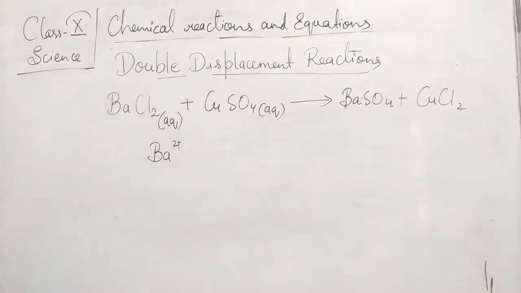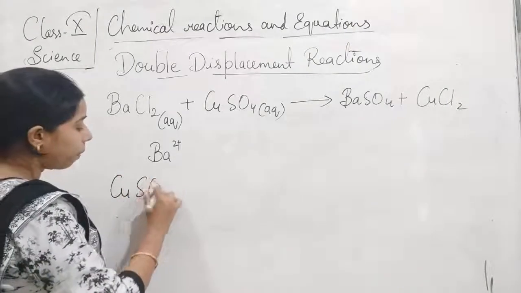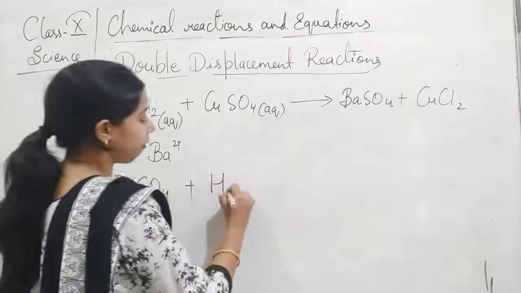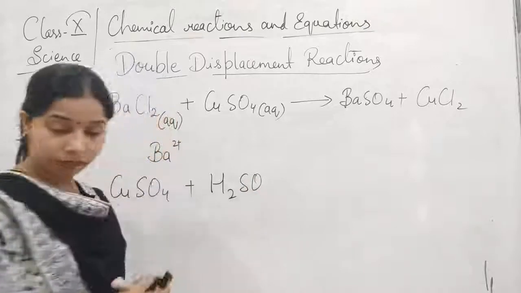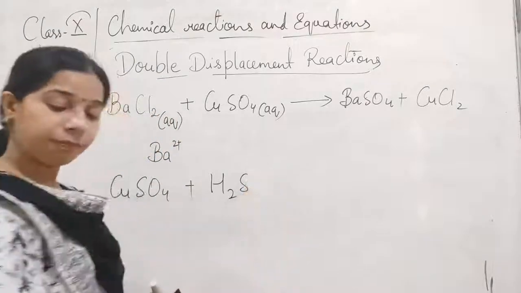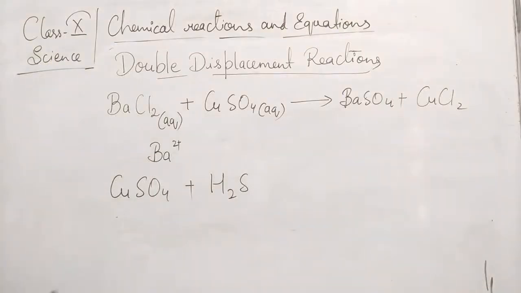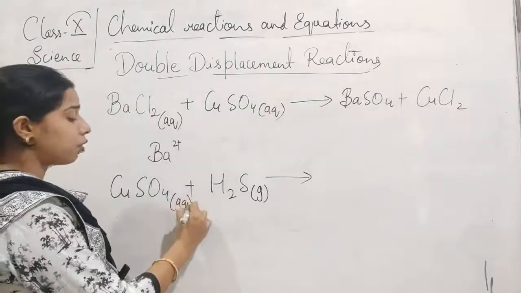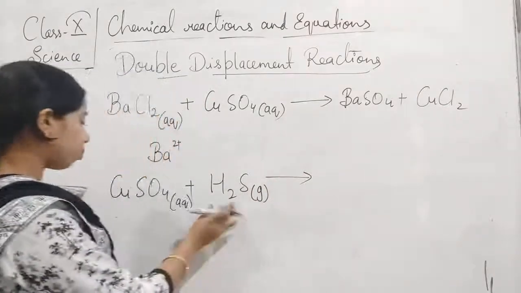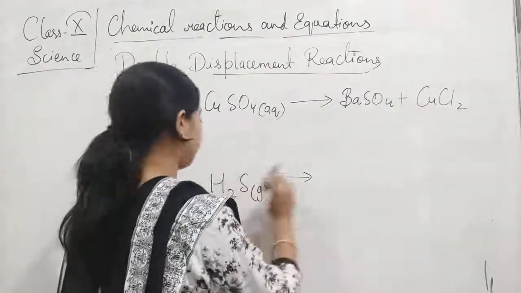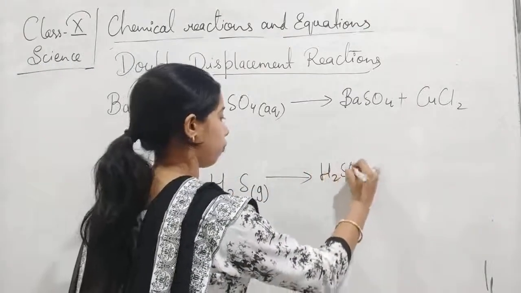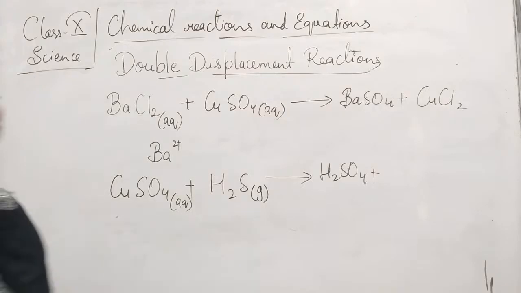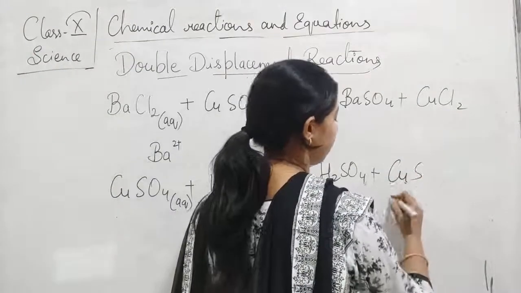If we look at the other example, students, what happens when copper sulfate reacts with hydrogen sulfide, that is H2S. H2S is a gas. So what happens when this gas is passed in the copper sulfate solution? You will find that this hydrogen will react with the sulfate, and there is a formation of H2SO4, plus this copper will react with the sulfur, and there is a formation of copper sulfide.